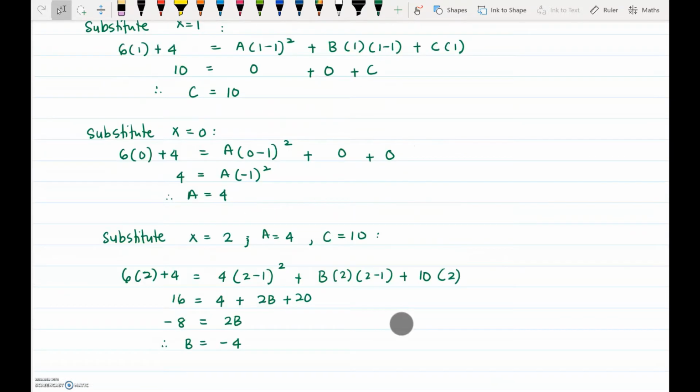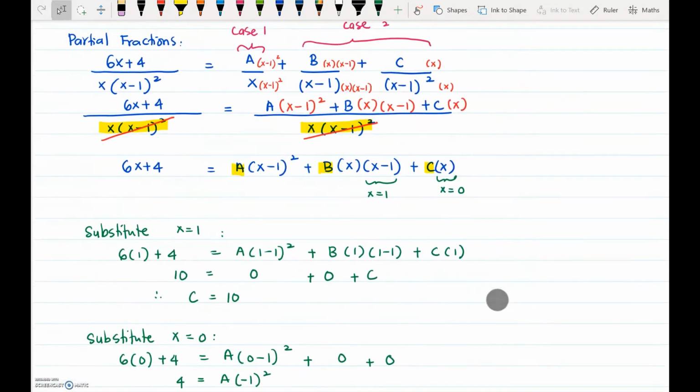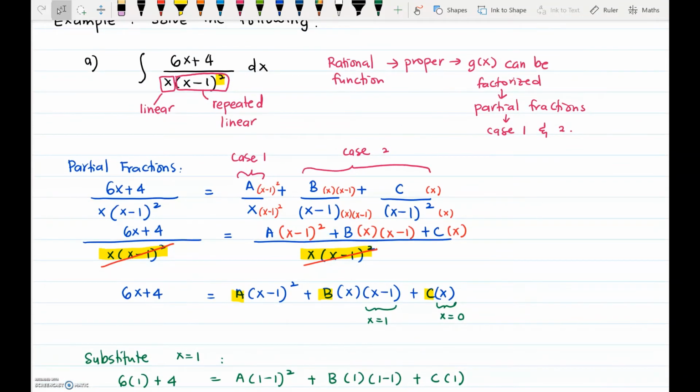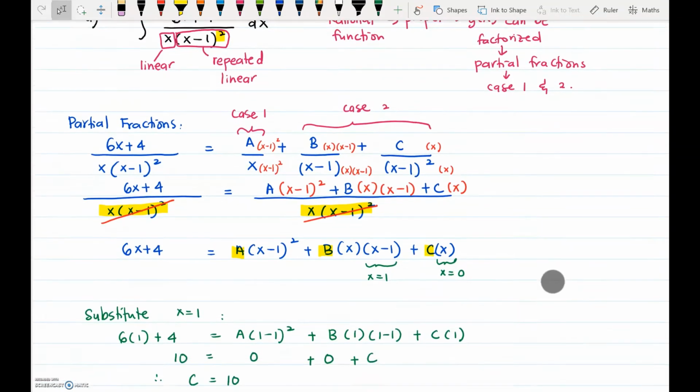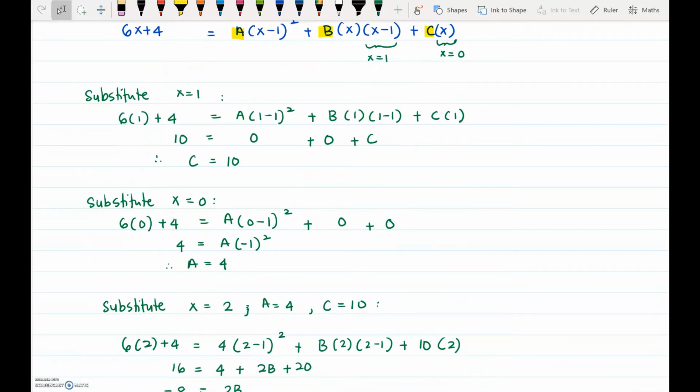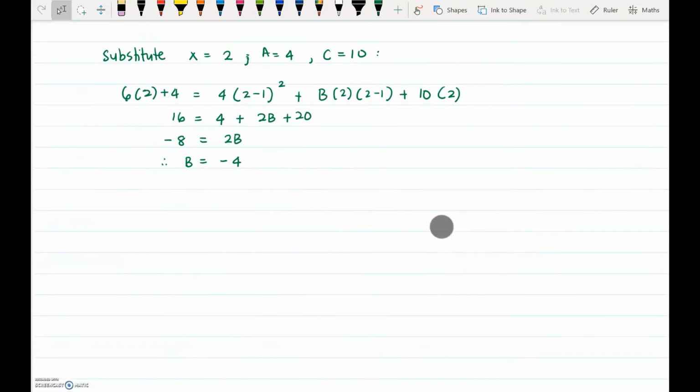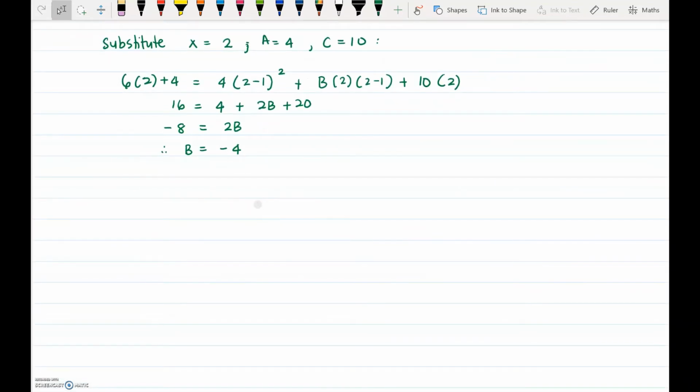Alright, so now finally, what will be the integration? So let's see. You want to find the integration of 6x plus 4 over (x minus 1) squared dx.